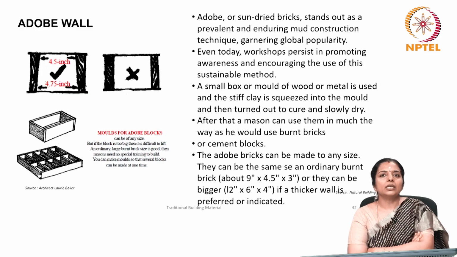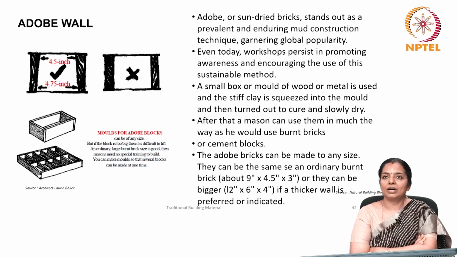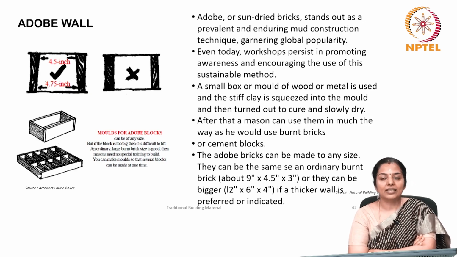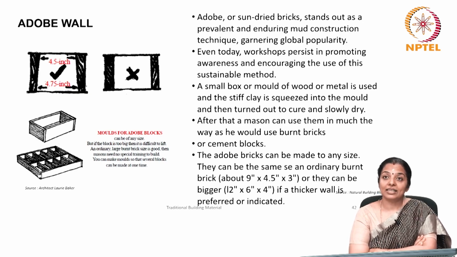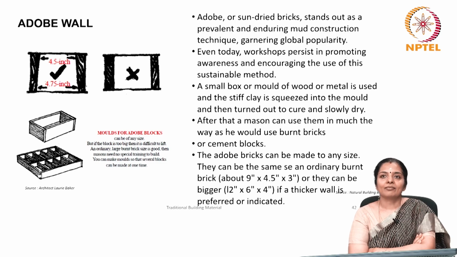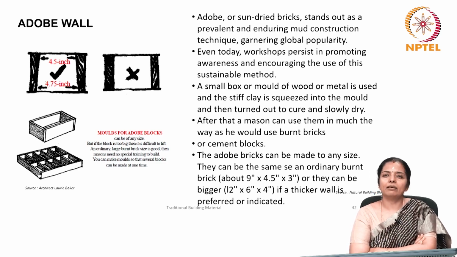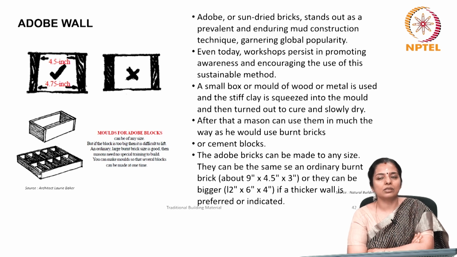Now, adobe is essentially a brick made up of dried mud that combines the components of earth, water and sun. It's a traditional ancient building material composed of moist clay, which is tightly packed sand, and some binder or rather something coarse like a straw or hay.